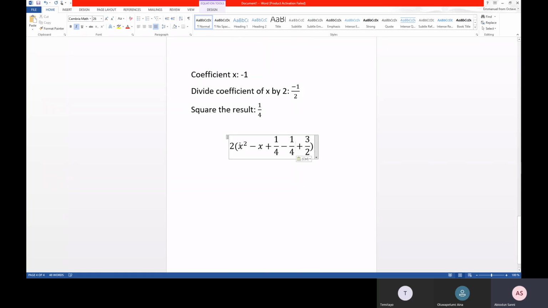So now, consider from this place the positive 1 over 4. We are going to have a perfect square from here. Go to the next line.